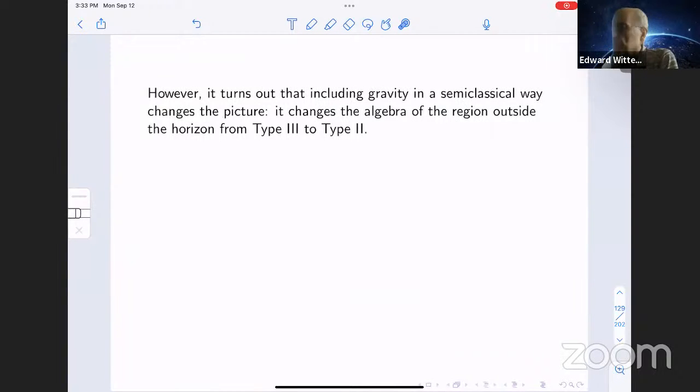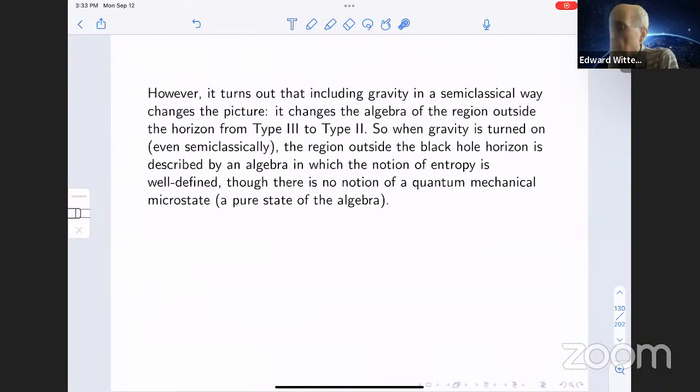However, it turns out that including gravity in a semi-classical way changes the picture. It changes the algebra of the region outside the horizon from type 3 to type 2. So when gravity is turned on even semi-classically, the region outside the black hole horizon is described by an algebra in which the notion of entropy is well defined, though there is no notion of a quantum mechanical microstate, a pure state of the algebra.